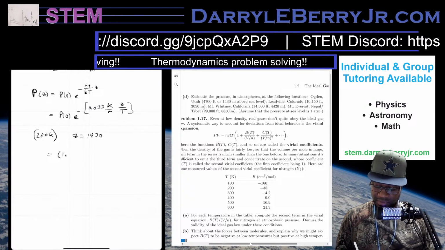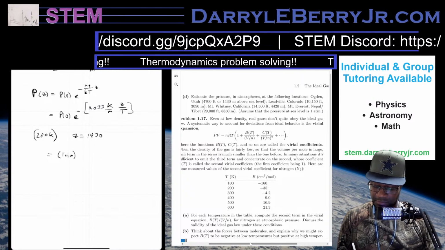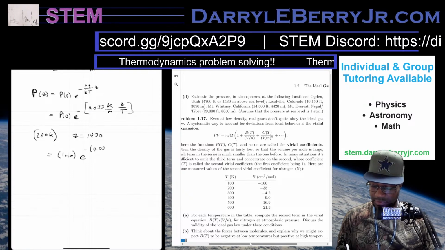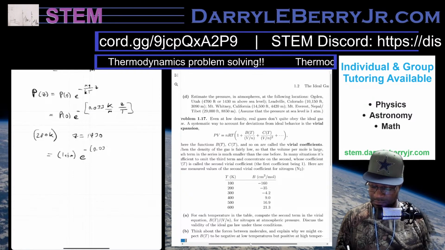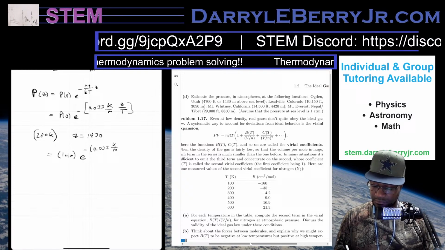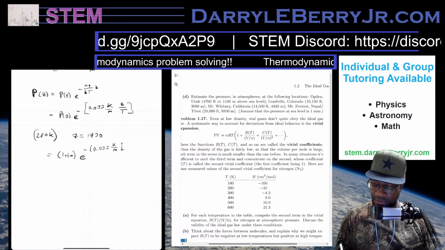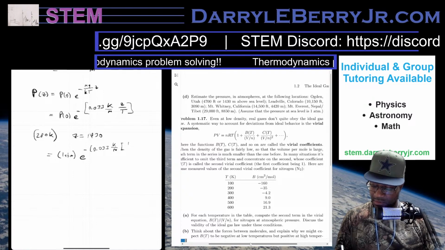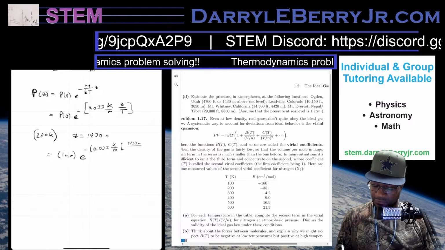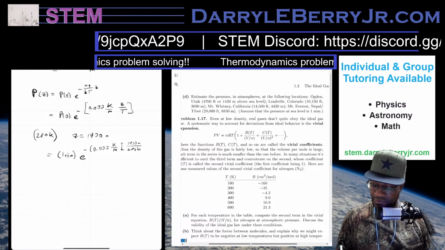We have one atmosphere, that's the atmosphere at the P0, times e to the negative 0.033 Kelvin over meters times 1430 meters over 280 Kelvin.